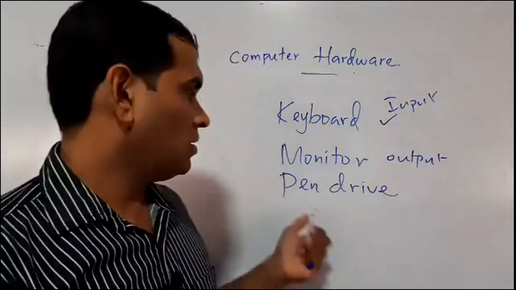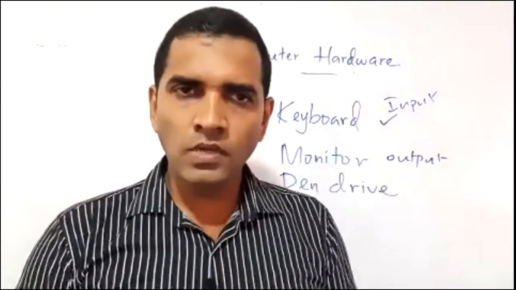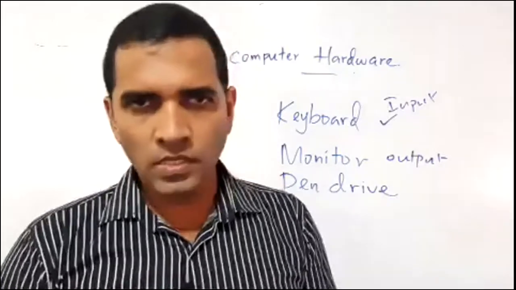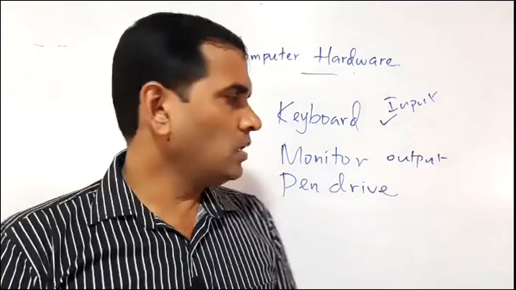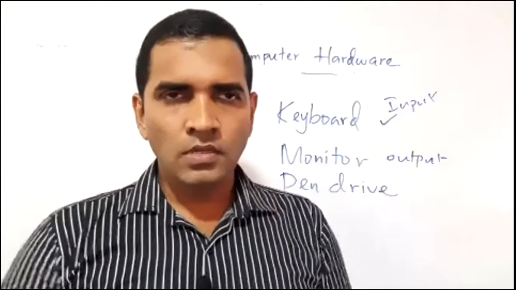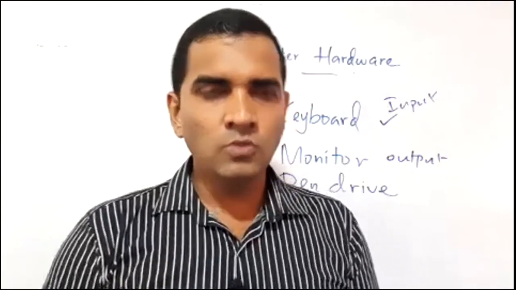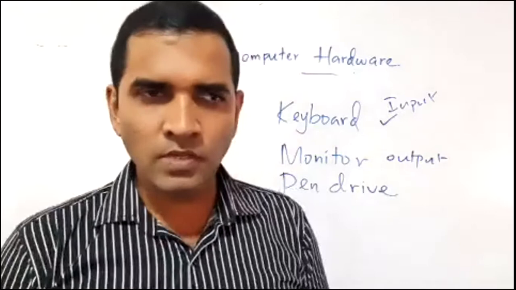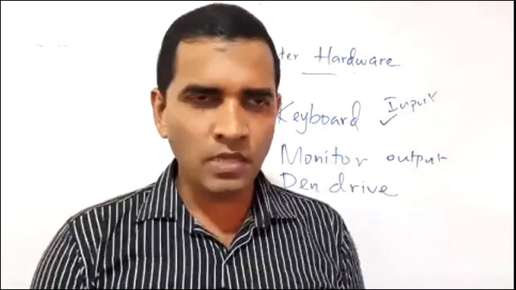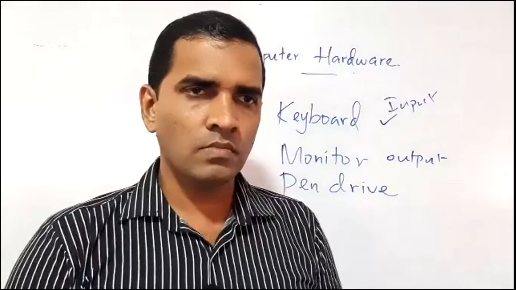And look at the pen drive. It never inputs anything. It never gives anything back to us. The role of the pen drive is to store something inside. You may think that it can input something, so it seems that it inputs, but actually it never inputs, it saves something inside.